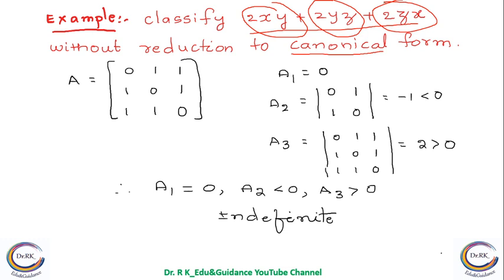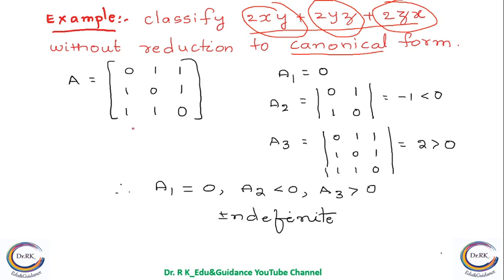Without reduction, we will take the leading determinants, as discussed. First, let us write this in matrix form. When we write this in matrix form, what is the A matrix here?